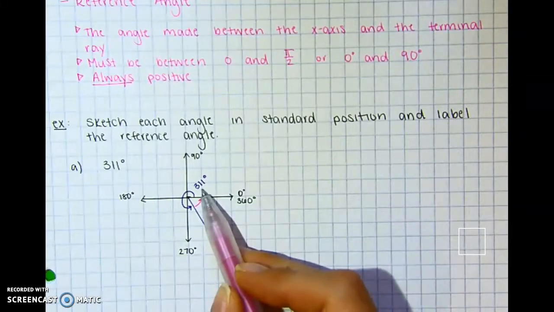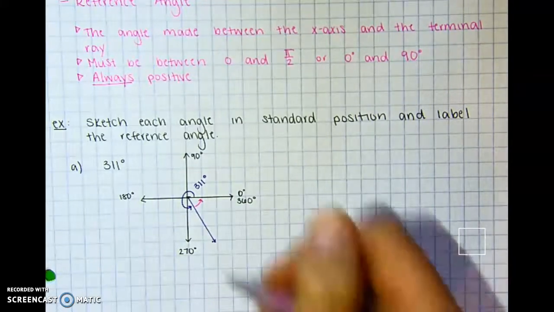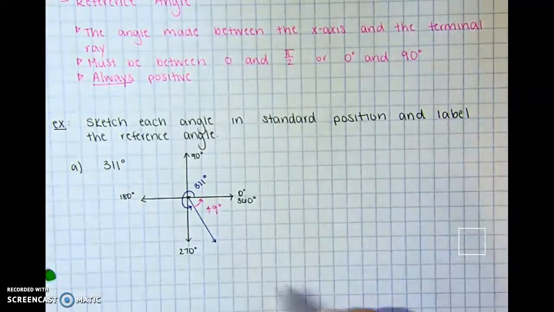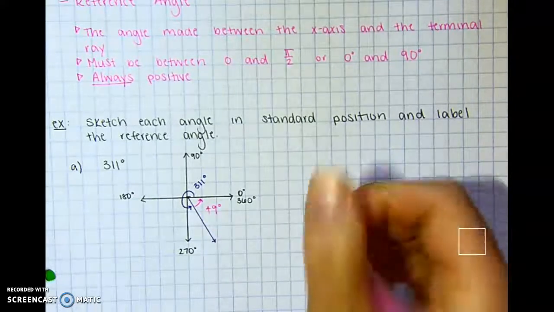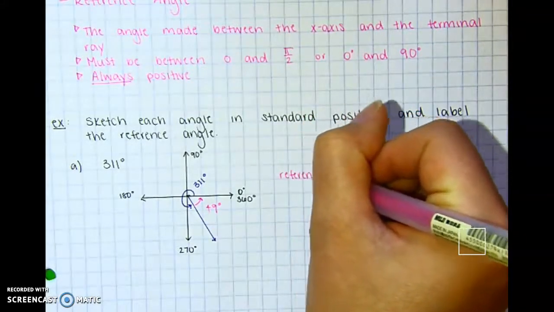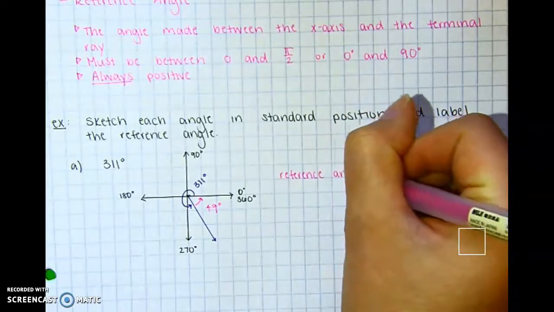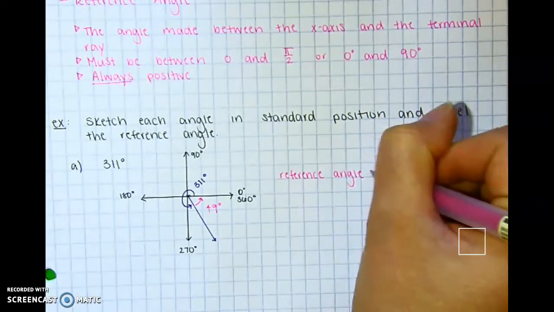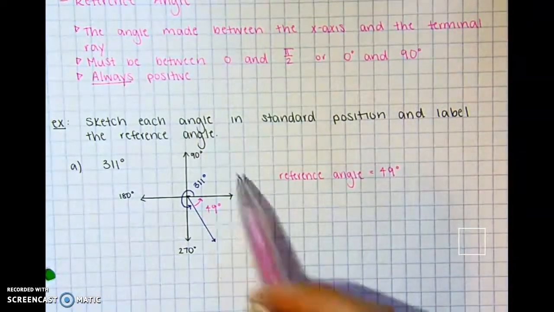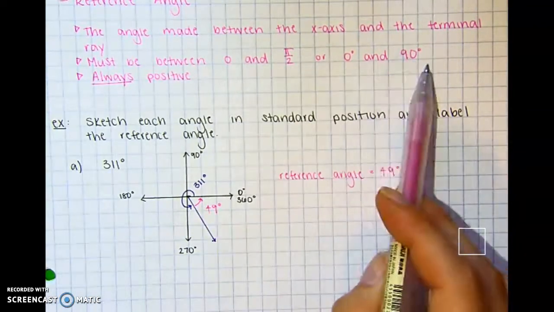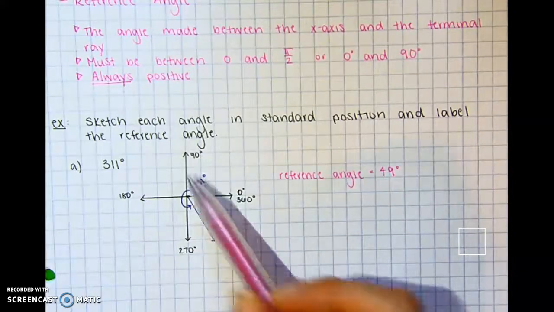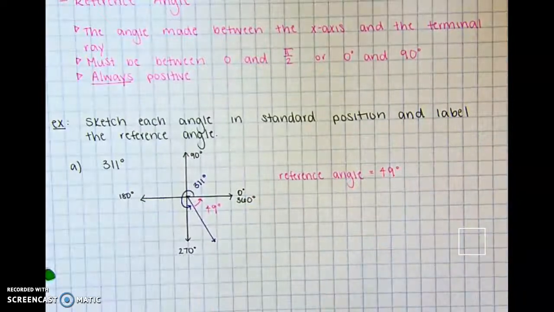So 360 minus 311 is 49 degrees. That means the reference angle here, which we can label, is 49 degrees. It follows the fact that it needs to be between 0 and 90, and we must draw it in a positive direction because they're always positive.